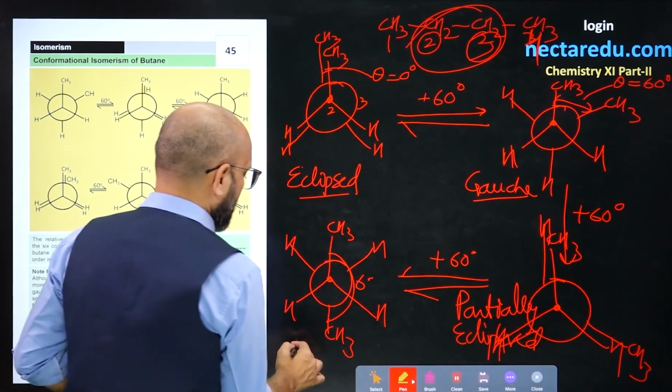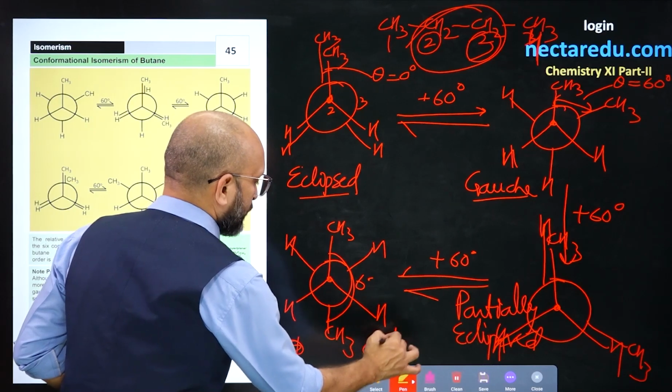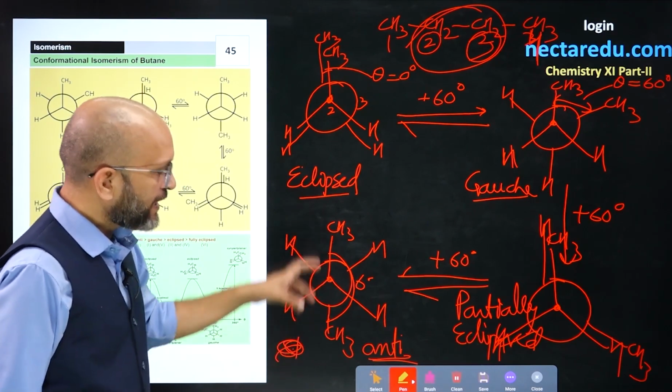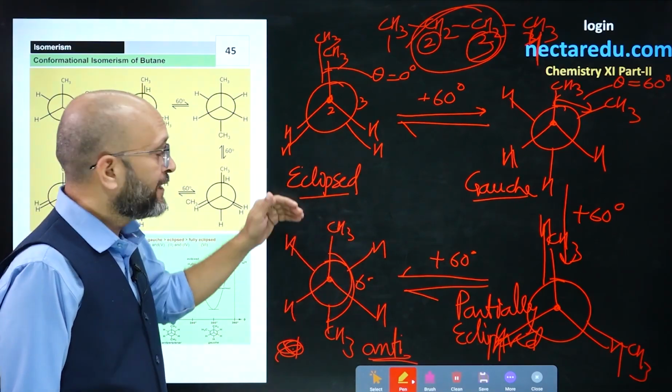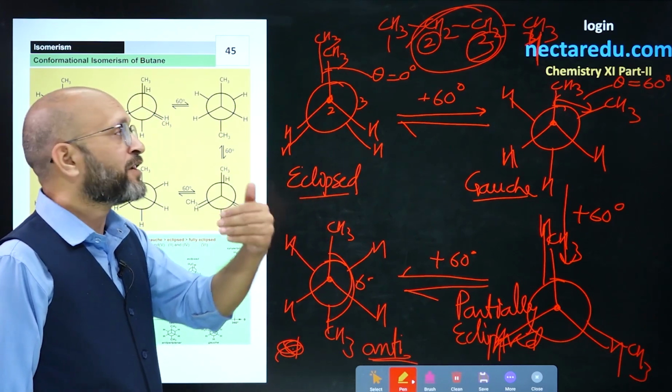And the last one is staggered, or we can call this anti. As you can check out, all the groups are far apart, so they are arranged beautifully, so they are stable. Stability and energy are inversely related.